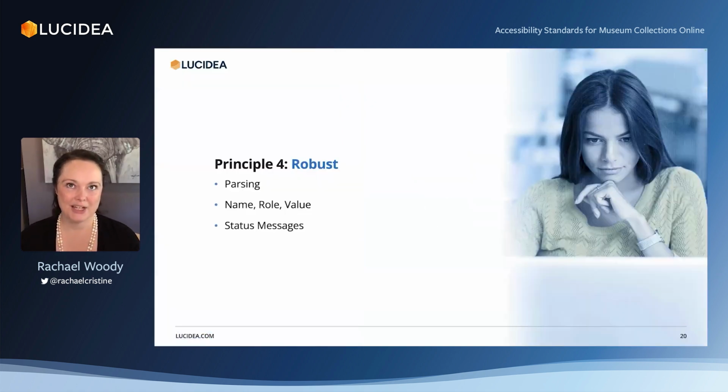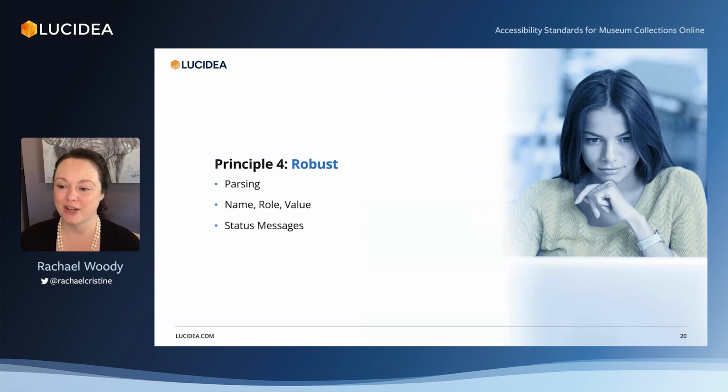All right, getting into robustness, thinking about parsing. So this is more on the technical end. It's thinking about clean coding. So clean coding is the goal for the infrastructure that supports your collections online. And each of those elements should have a complete start and end tag. So a lot of this falls under good coding practices in general.